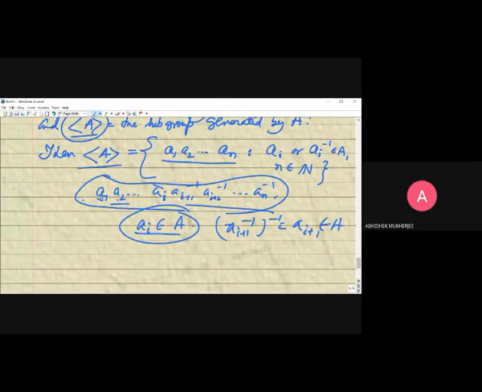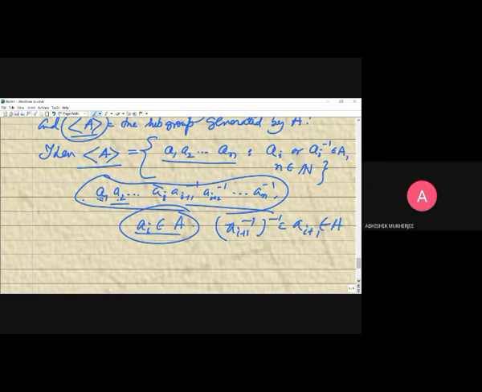So the smallest subgroup generated by capital A comprises the elements which look like a finite product a1 a2 ... an, where each element or its inverse is in the subset A.